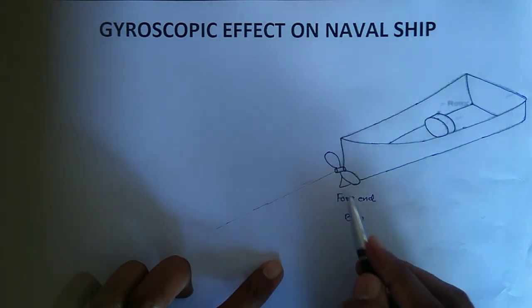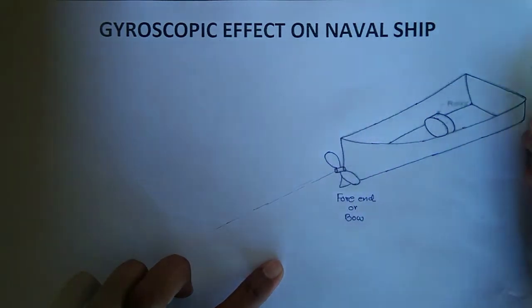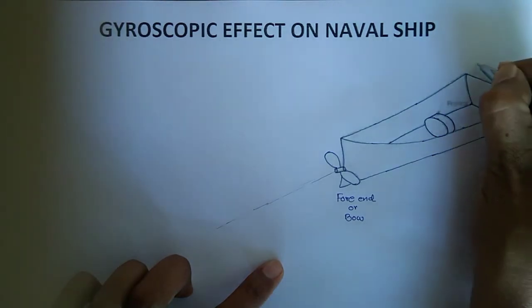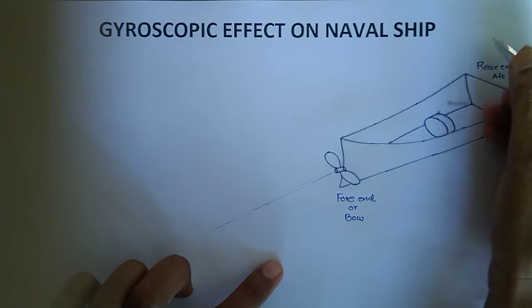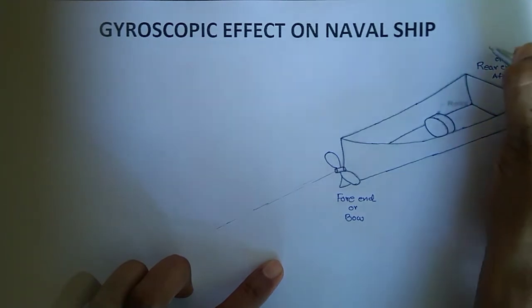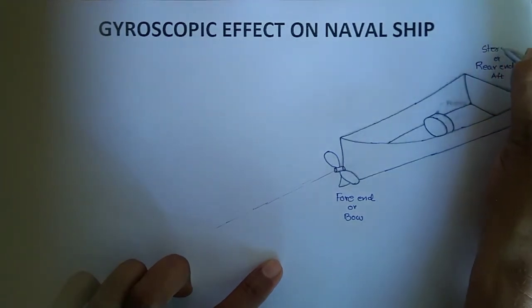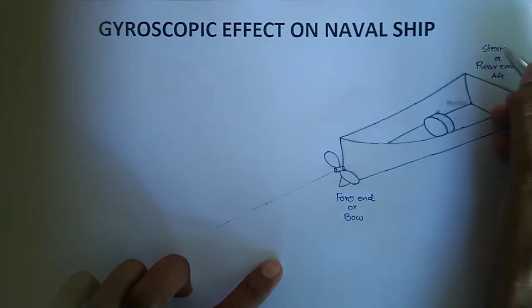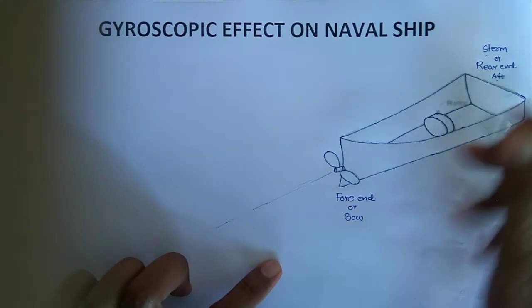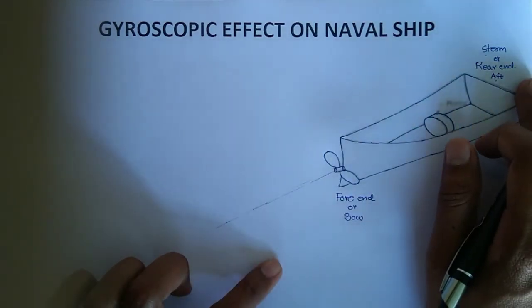This end is the rear end, or we can say aft, or stern end. So this end we consider the stern, or rear end, or aft. This is the fore end and this is the rear end.